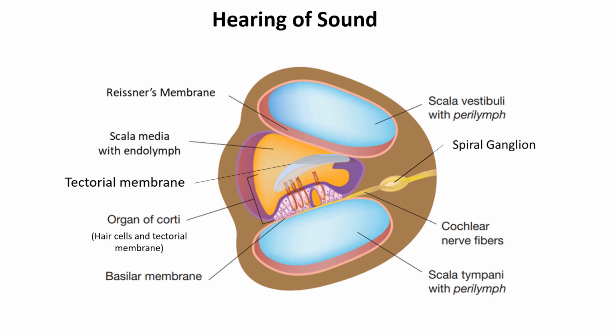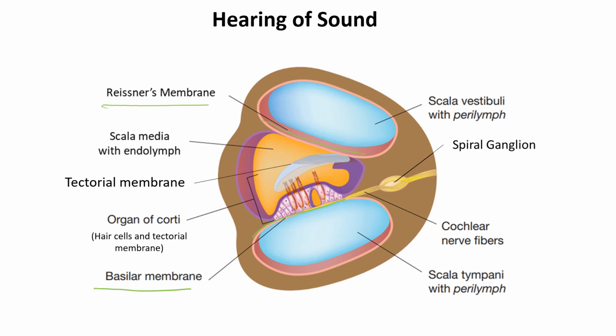This diagram that you see on the screen is an expanded view of the internal cavity of the cochlea. Here you can observe that this is the Reissner's membrane over here, and this is the basilar membrane over here.